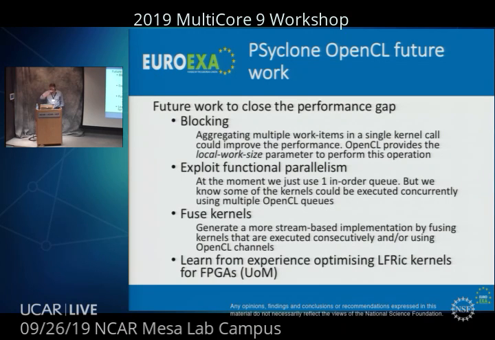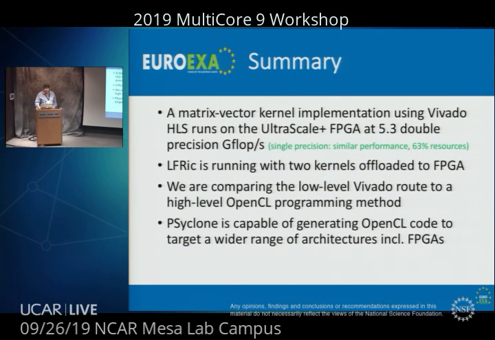So in summary, we have a matrix vector kernel implemented using Vivado HLS on the UltraScale Plus FPGA. That's the Xilinx product, producing 5.3 double precision gigaflops.